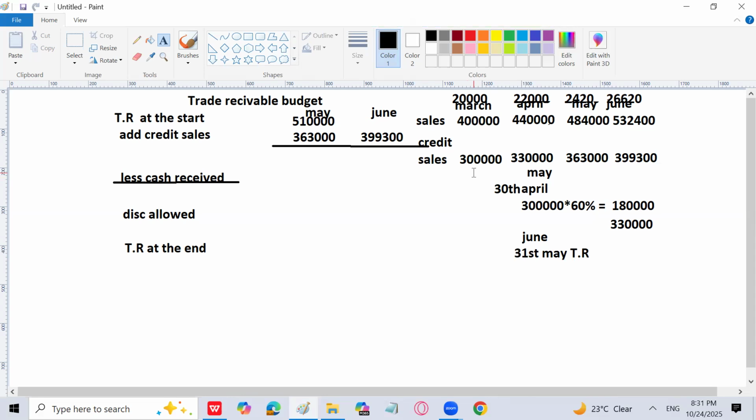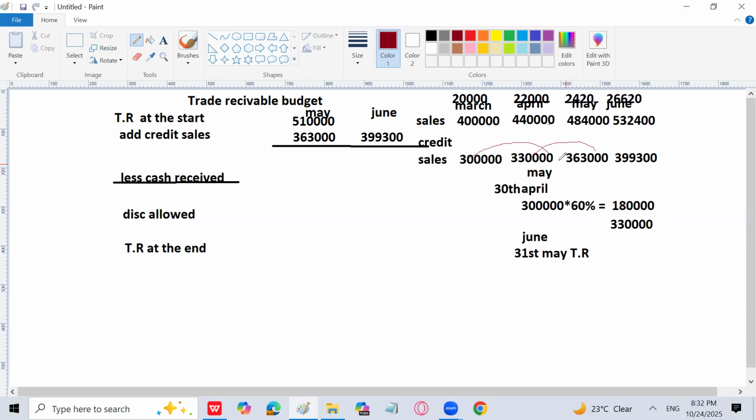On March, sales were 3 lakh, 40% are paid in April, and the remainder are paid in May. So they are done. Nothing has been left from March sales to be paid in June. 40% is paid in April, and the remaining 60% is paid in May. That's it. So on 31st May, all the March sales customers have paid the amount.